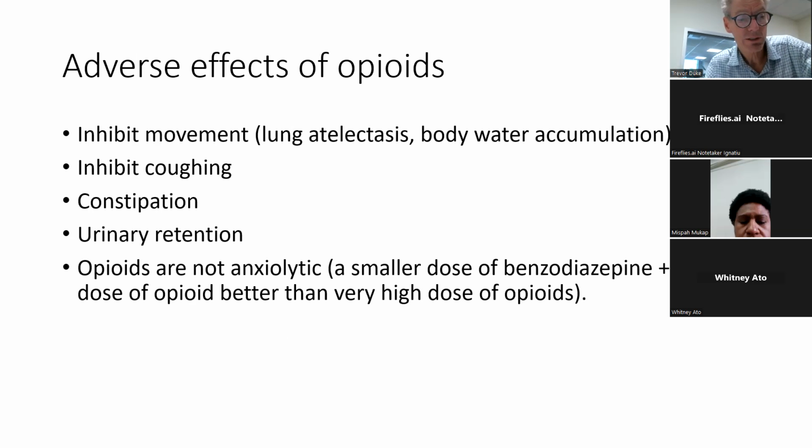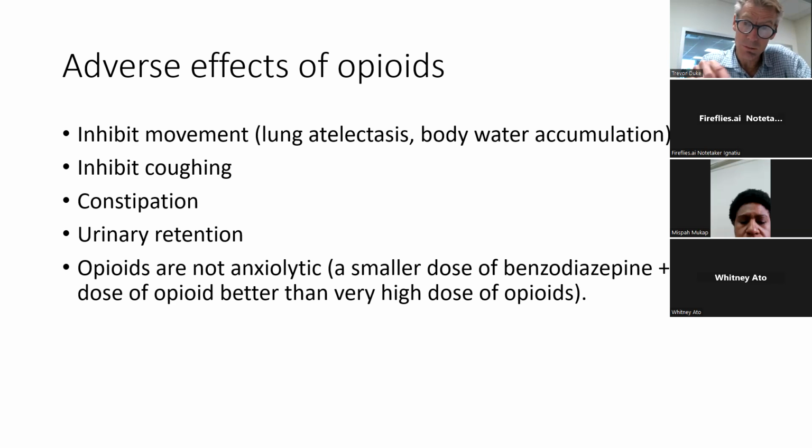There are some adverse effects of opioids, and again, if you use the right dose, then very few patients get these adverse effects. But you need to titrate the dose according to effect. If you use too high doses, they can inhibit patients moving because it makes them more sleepy.